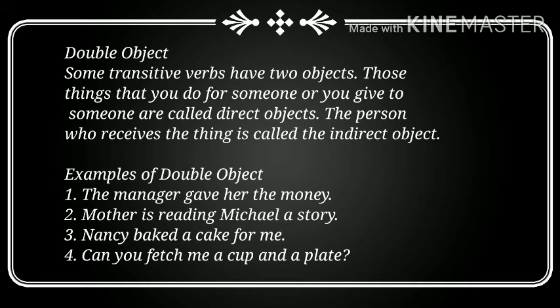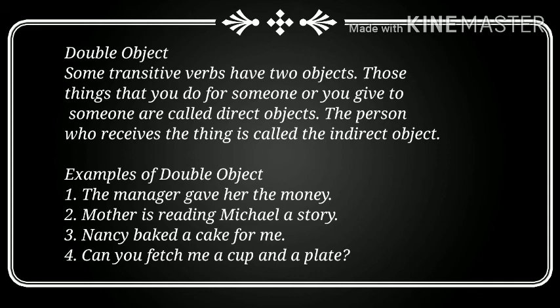Mother is reading Michael a story. Now mother is a subject, is reading is a verb, Michael direct object, and story is an indirect object. So it is also a transitive verb. Nancy baked a cake for me.